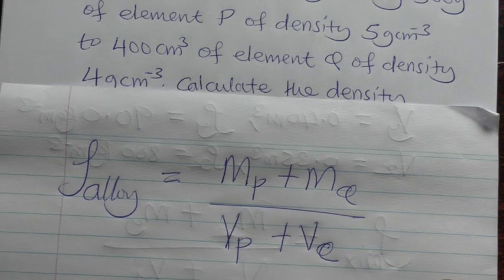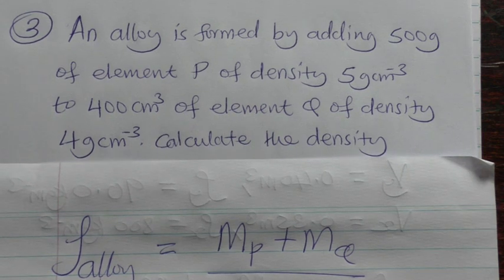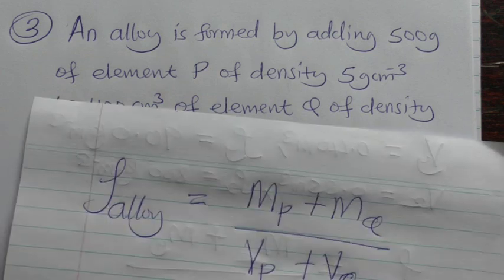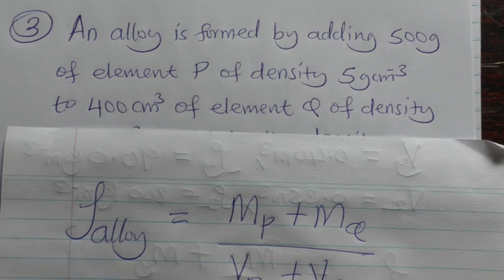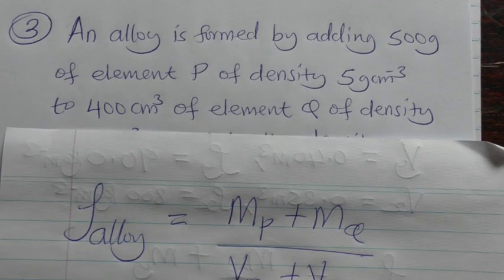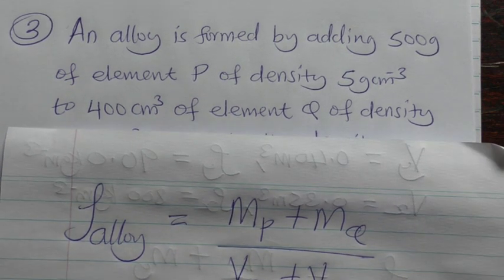So let us summarize from the question. We are told that an alloy is formed by adding 500 grams of P. So that is mass of P, which is 500 grams, and the density of P is 5 grams per cubic centimeter.